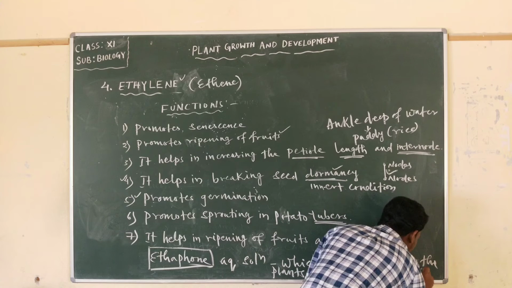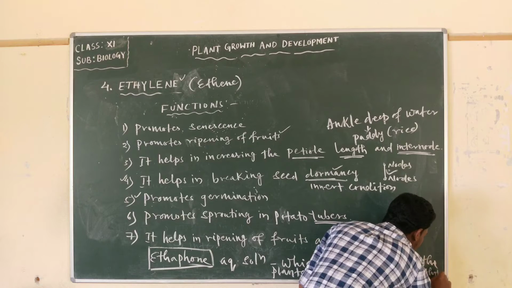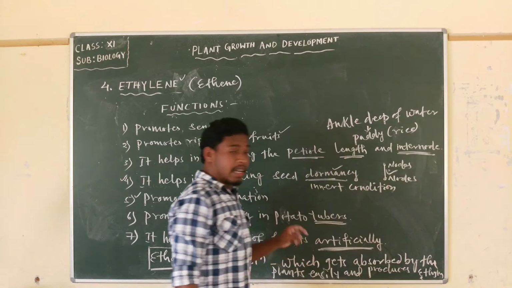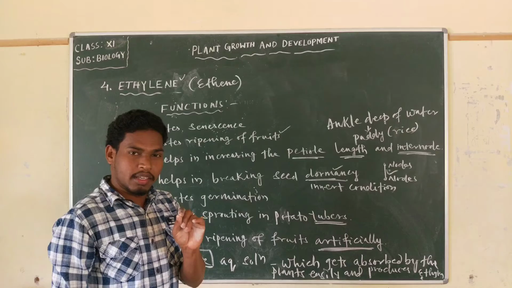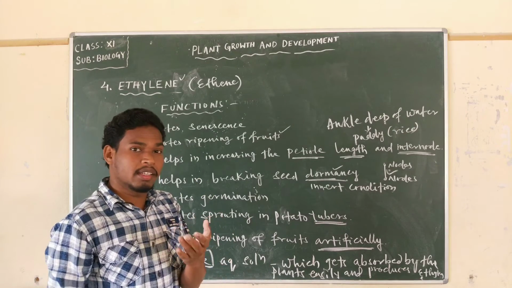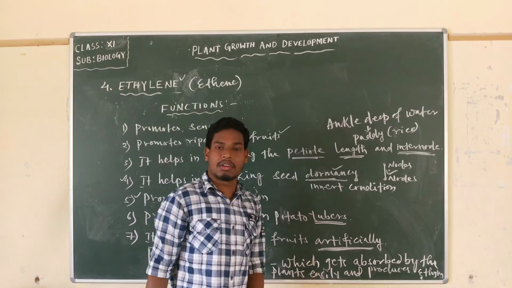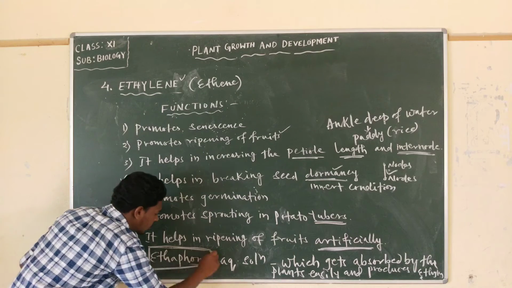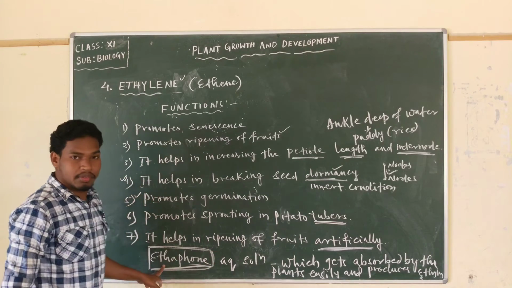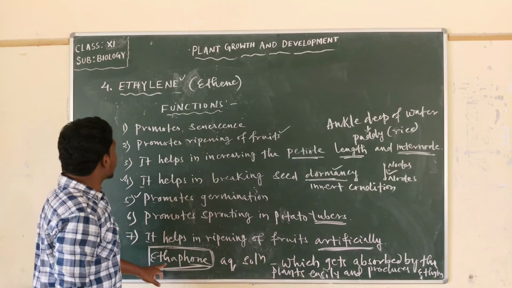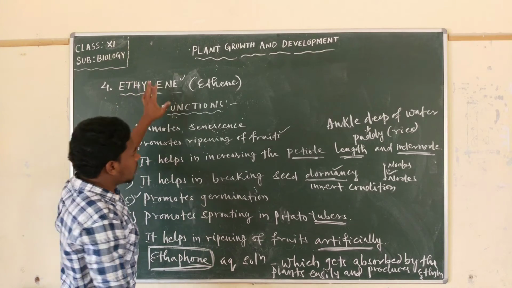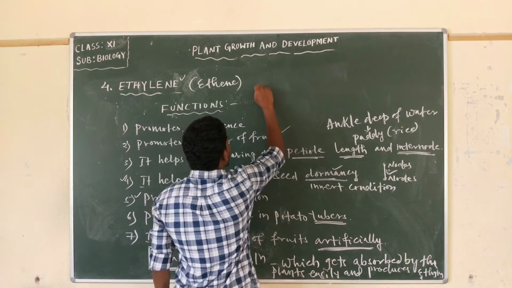Once absorbed, it produces the phytohormone known as ethylene gradually. So this ethaphone helps in production of ethylene, and ethylene in turn helps in ripening of fruits.